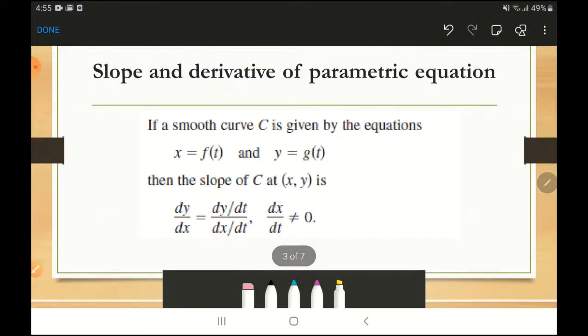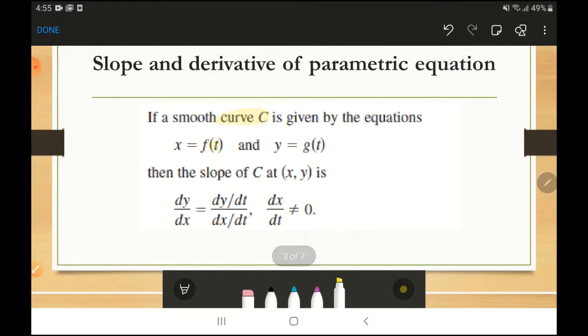Here you go. So if we have a smooth curve C and it is given by a parametric equation, as we have talked about before, in a parametric equation we have x equal to a function of t and y equal to another function of t.